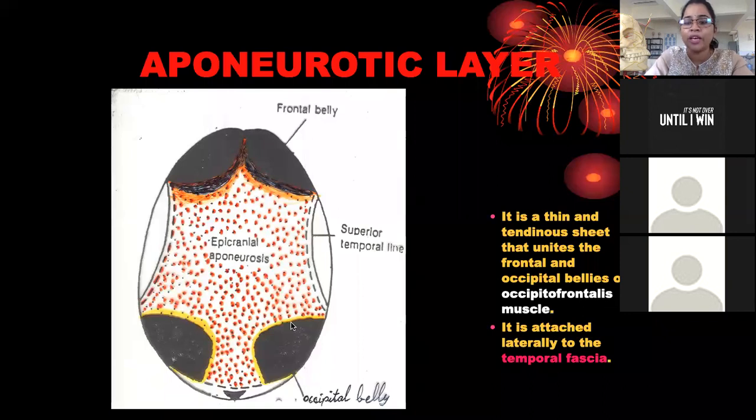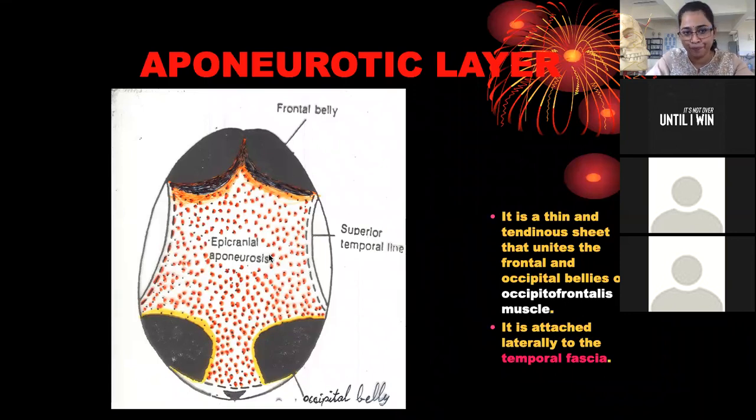Galea aponeurotica. So this third layer is called the Galea aponeurotica, which contains the frontal belly in the front and the occipital belly on the back, along with the epicranial aponeurosis. Till here, everyone clear?